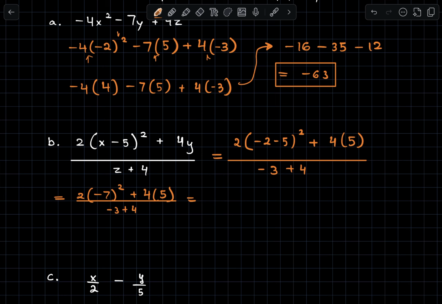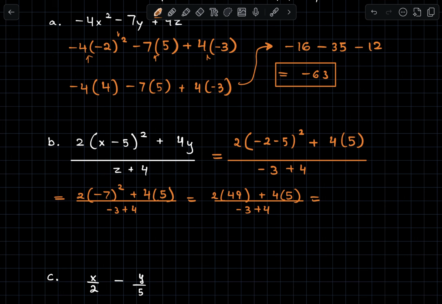Okay. In our next step, let's think about raising this -7 now to the second power. So -7 times itself, or -7 squared, is going to give us 49. We can just leave the rest the same for a second and do all of this in the next step. So I'll just keep it simple.